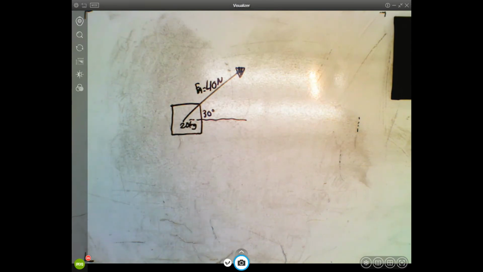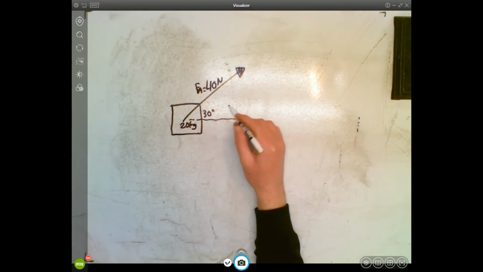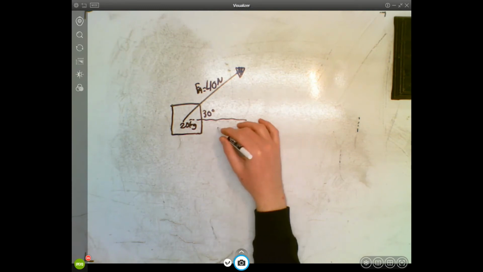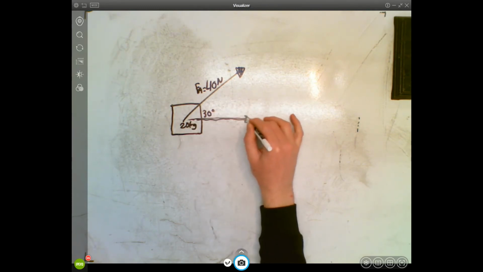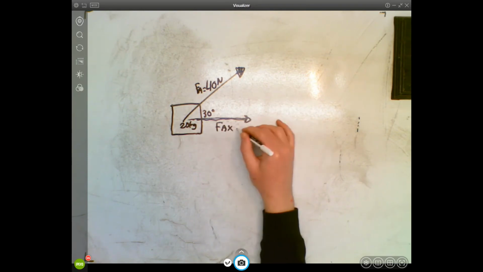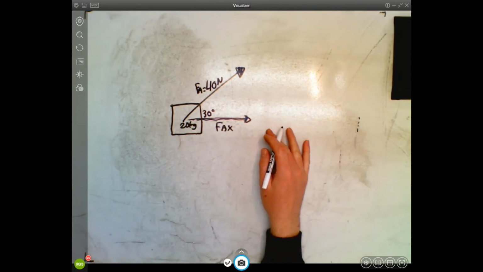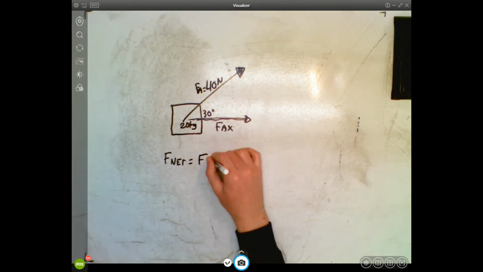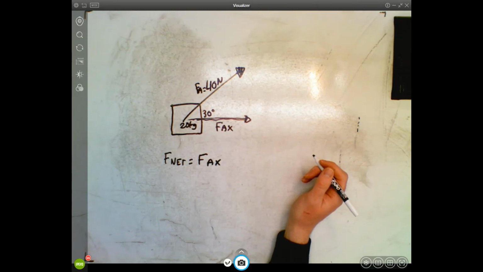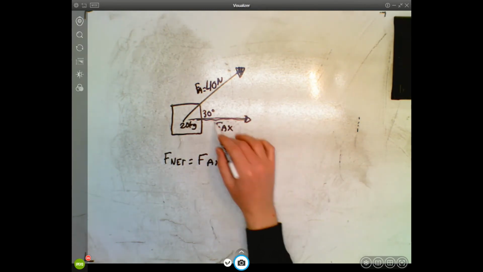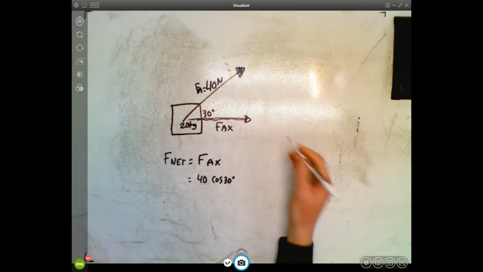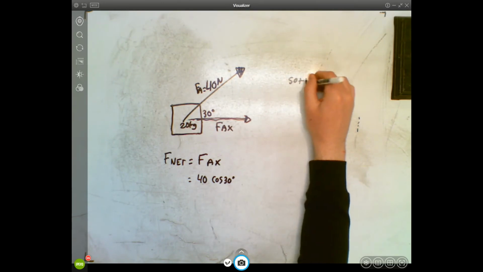If we want to find the net force for this, it's just like before, where not all of this force being pulled at an angle actually goes into accelerating it. It's only the force in the x direction that makes it go. It doesn't say there's any friction or anything, so we can write our F net equation as F net equals that force applied in the x. To find that, this angle is already in RCS, so we can do 40 cos 30, or you can use SOHCAHTOA and you'll get the same thing.